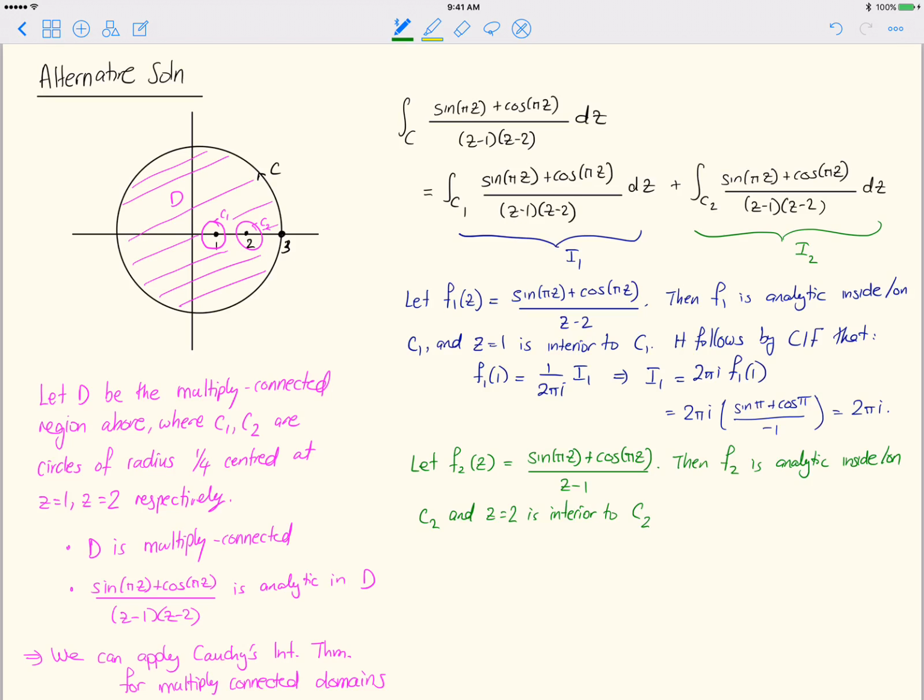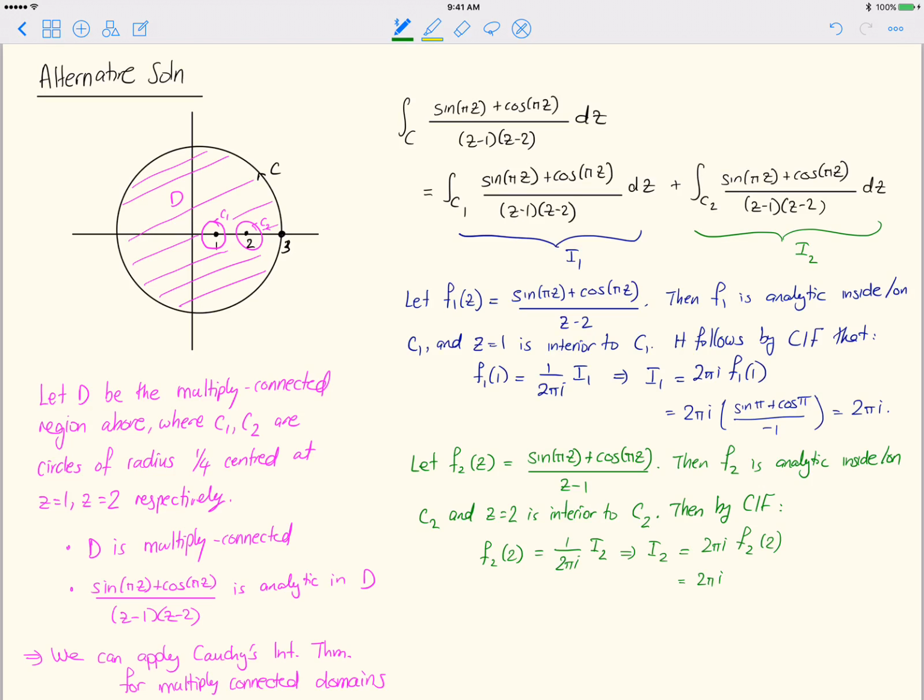So again, I can apply Cauchy's integral formula, which tells me that f2 of 2 equals 1 over 2 pi i times I2. So therefore, I2 will equal 2 pi i times f2 of 2.